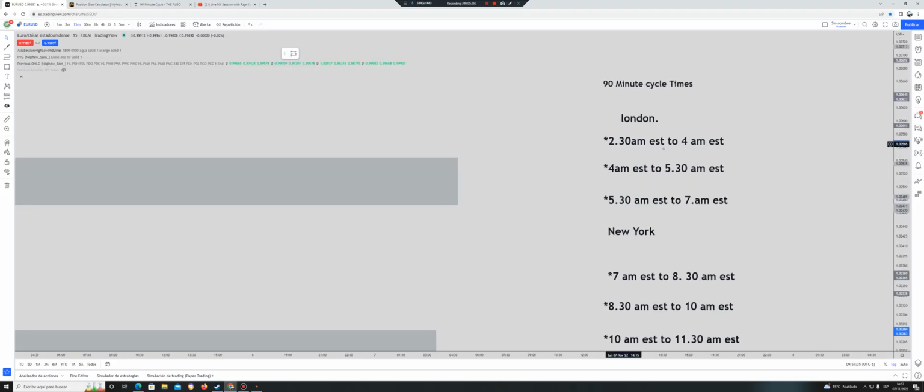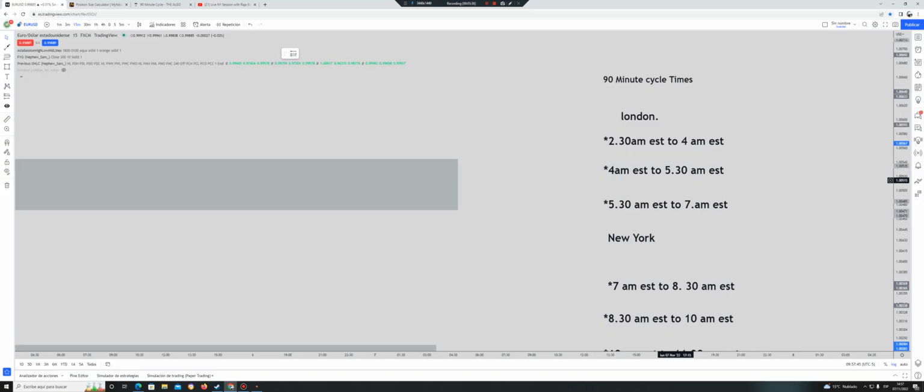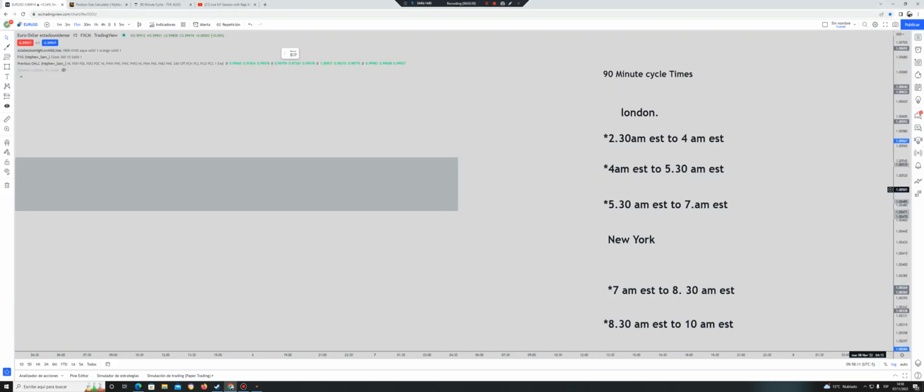Between 2:30 to 4, they're gonna move the price to those liquidity pools, and then is when the second liquidity cycle comes. So it's as simple as this: between 2:30 to 4, they move the price taking Asia high, to a fair value gap, to an order block, to anything, and then with that information we start trading from 4 AM to 5:30 AM, which is the second liquidity cycle.